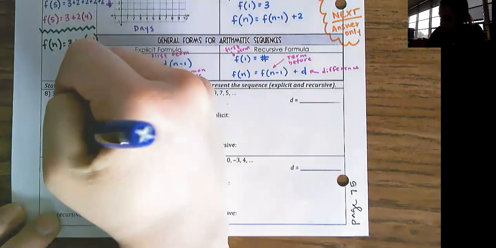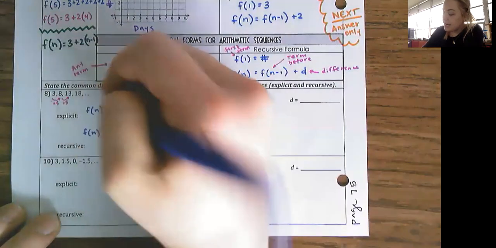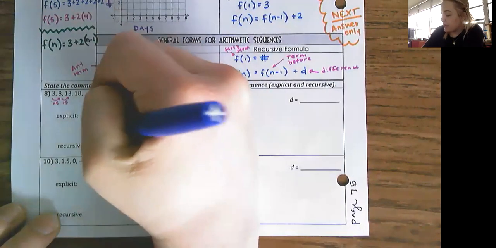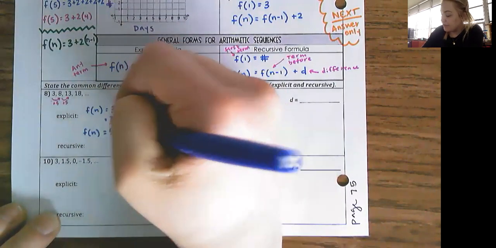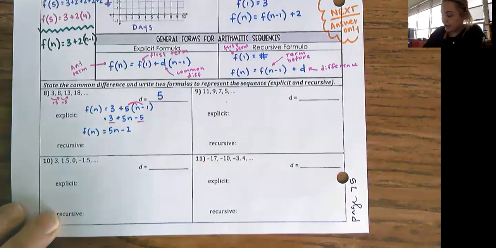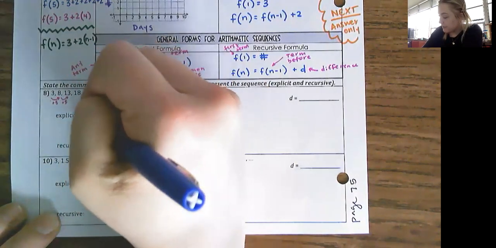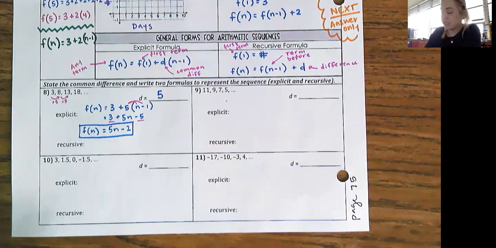So my final answer is f of n equals, now remember we always try to move the variables to the front, so I'm going to start with 5n, and then 3 minus 5 is negative 2. So f of n equals 5n minus 2. Okay, that is our first explicit equation.